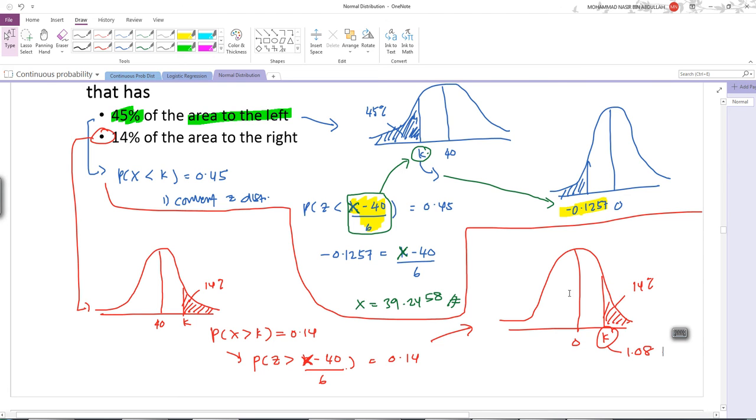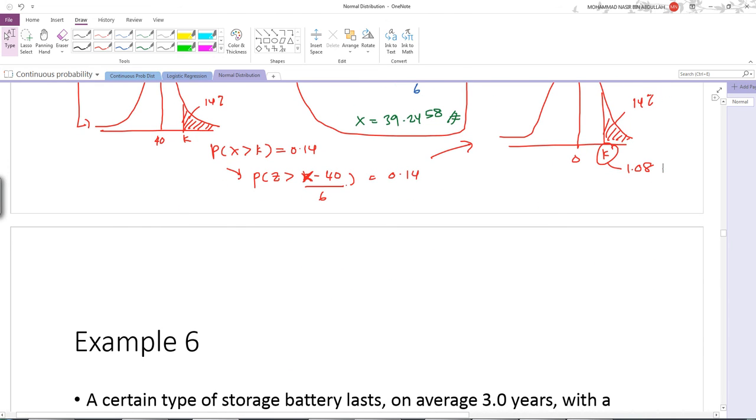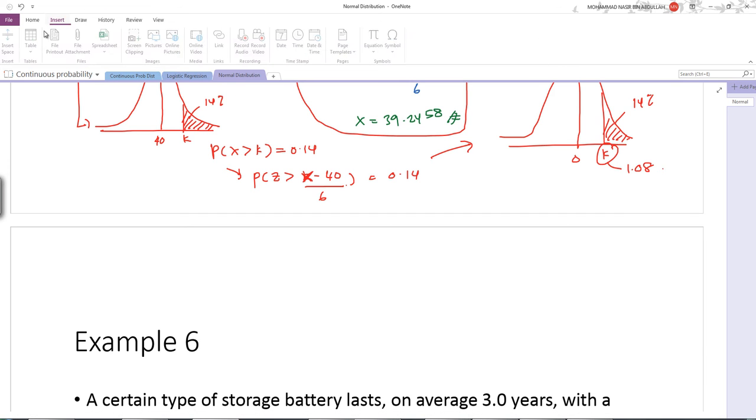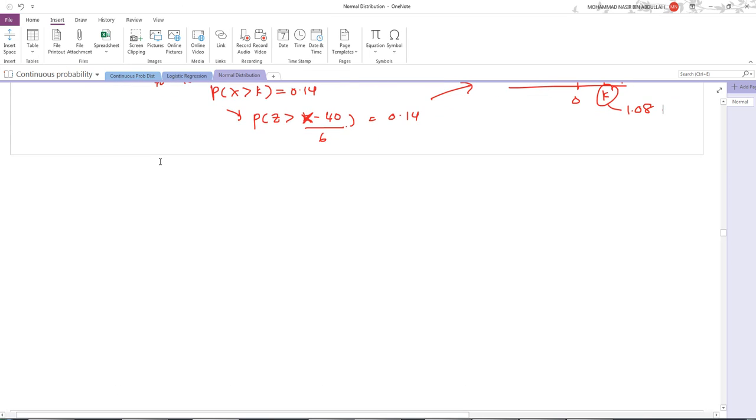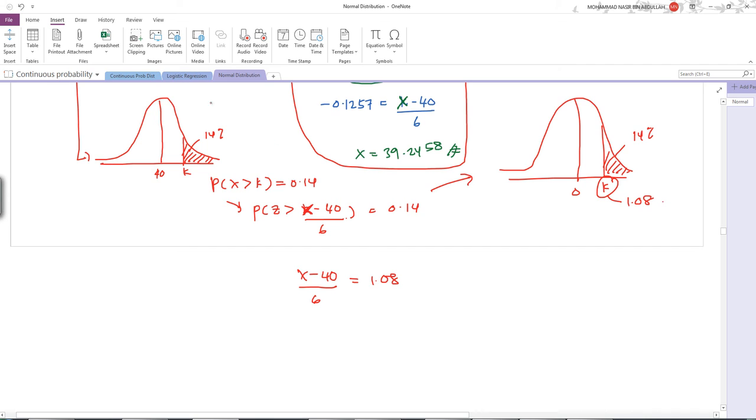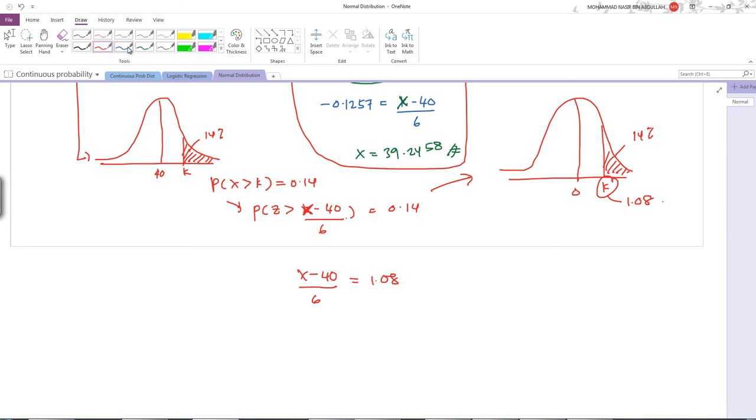Okay. So it's easy now. We do a little manipulation. So x minus 40 divided by 6 equal to 1.08. Right? Because the whole value here is equal to 1.08.